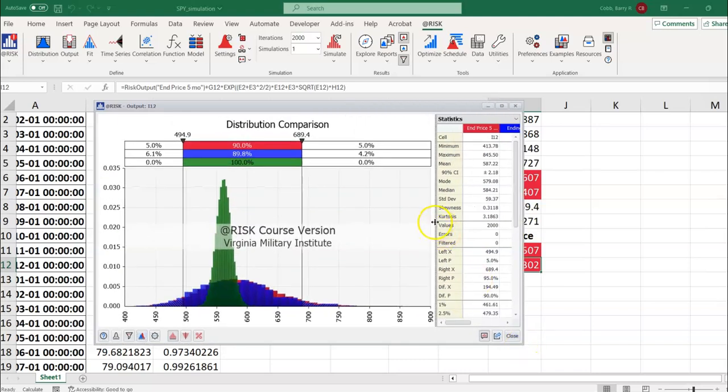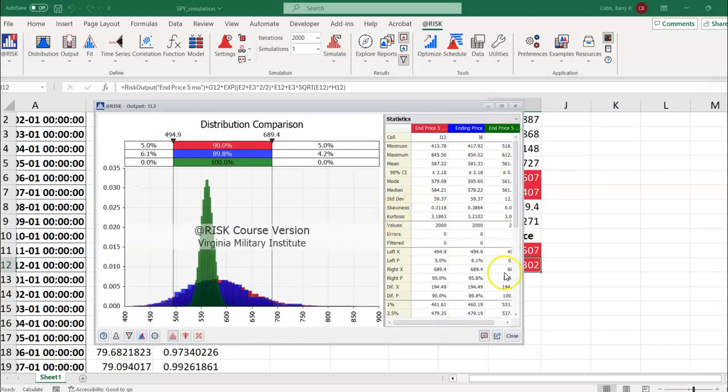Now you can expand some of this. I can expand it to see all the values. Now here's what we see. Notice that the blue and red are the distributions. One of them was simulated using the multiplicative log normal distributions. It took 5 @RISK distributions.